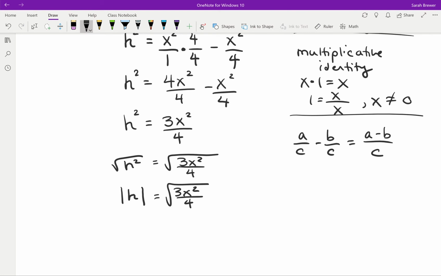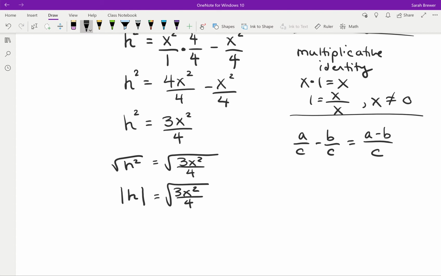The reason for this is because when we take a square root of a number, we're talking about the principal square root. So if I want the square root of 4, I want just the number positive 2, not negative 2, even though both 2 and negative 2, when I square them, give me 4. So when I take the square root of h squared, I want to get the absolute value.